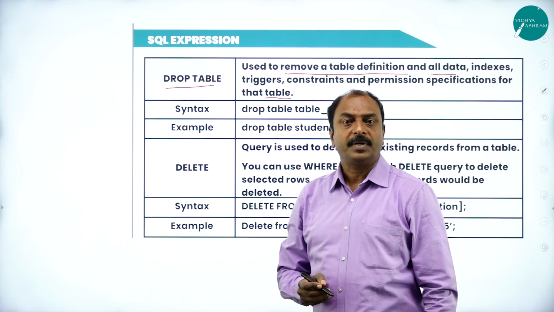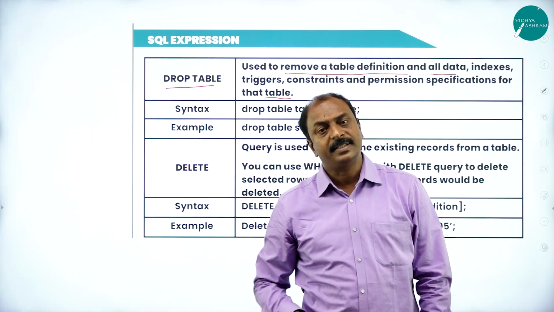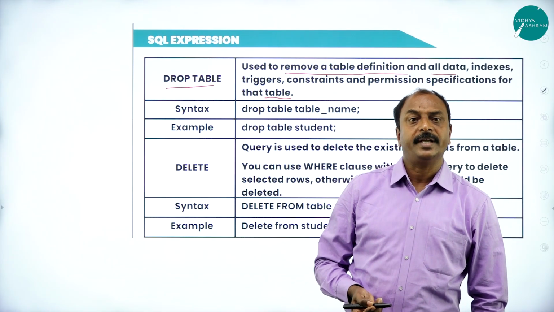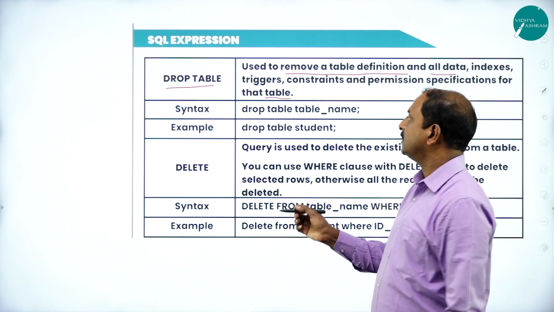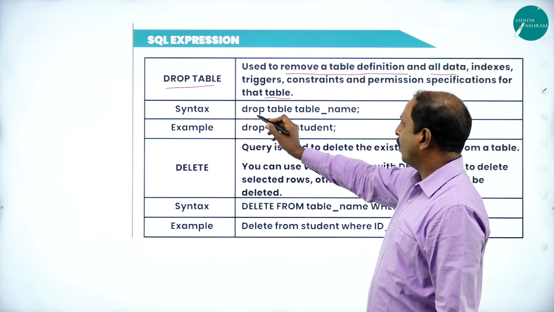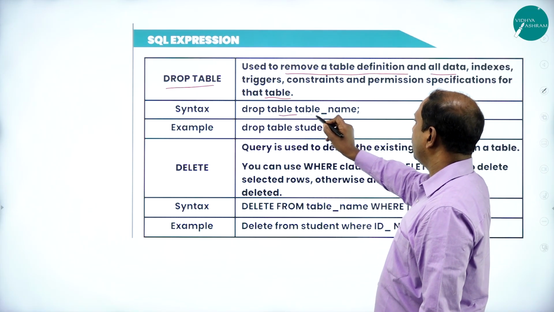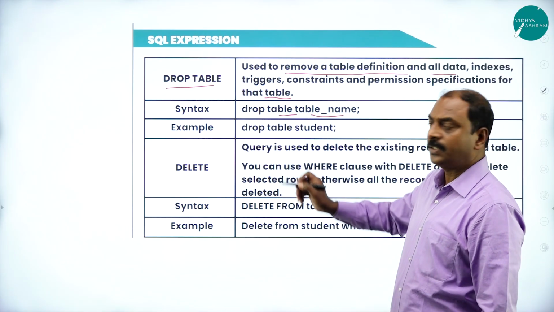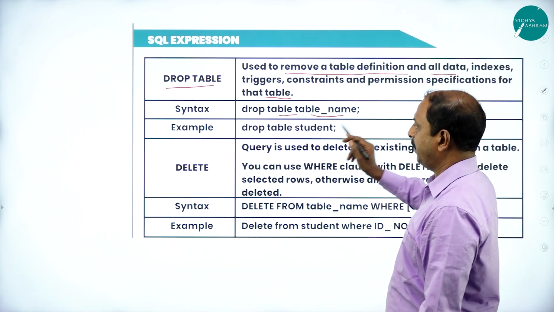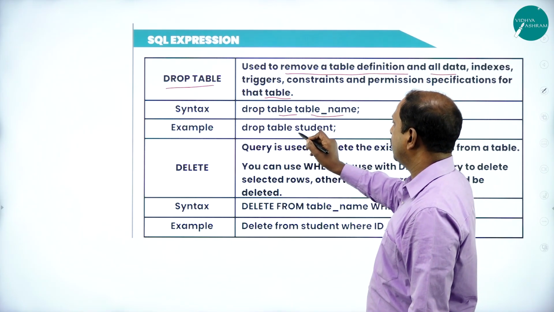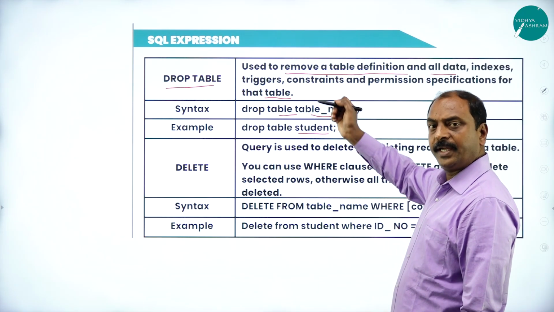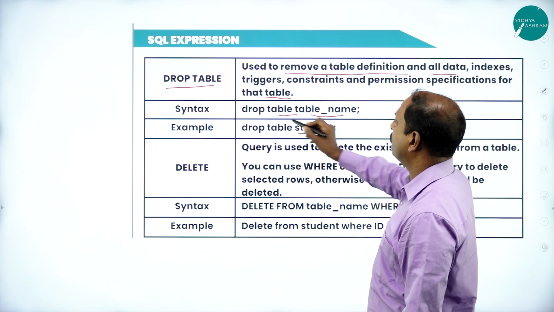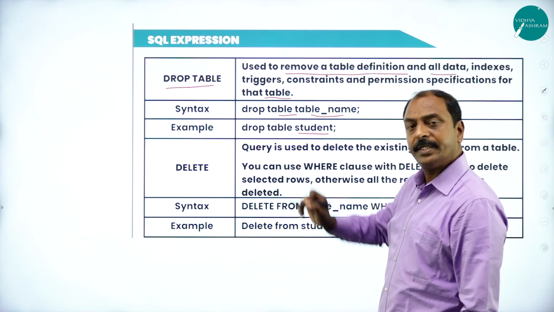In simple words, it is going to delete the entire table with all constraints and so many features. The syntax is drop table, table name. Example: drop table student. Student is the table which we had created earlier. So it's going to remove the table from the database.